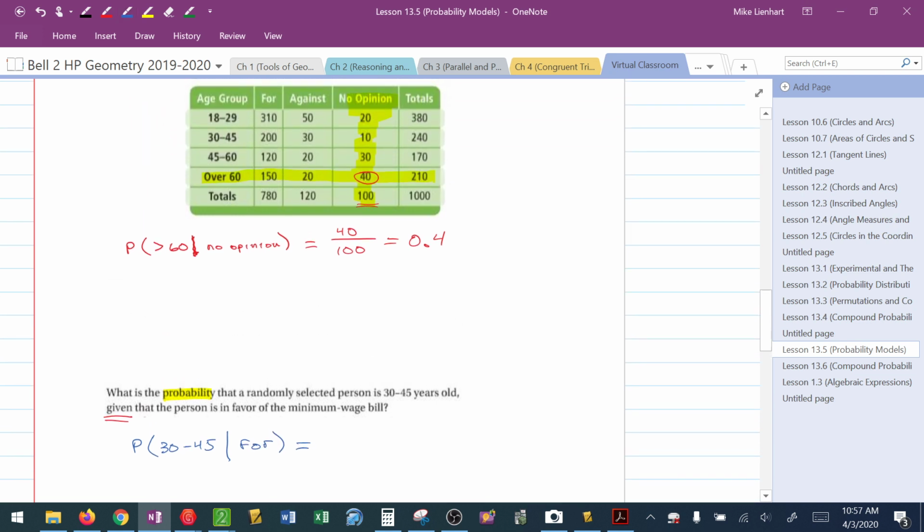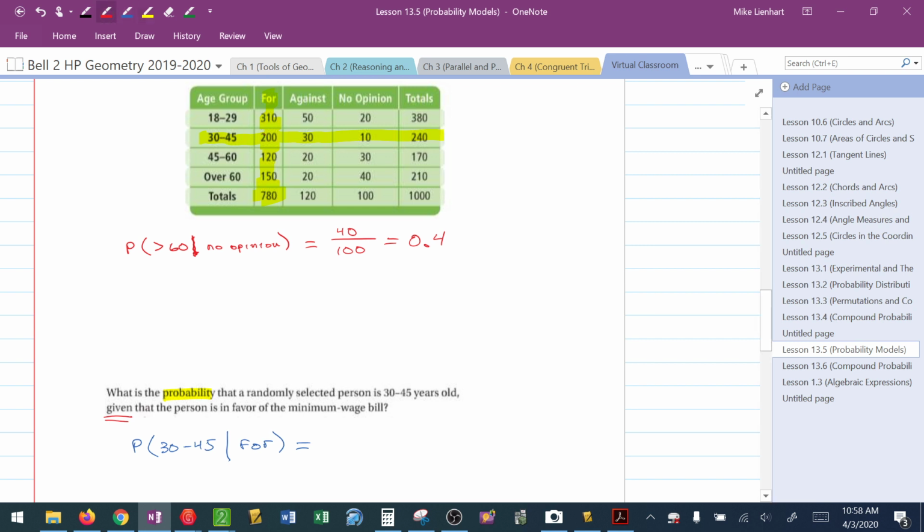All right. So if I come back up to the chart, I'm going to erase what I already have there just so we can see it hopefully clearly. There we go. All right. 30 to 45. We're talking about that group, that row right there. Okay. Those that are for, we're talking about that row right there. All right.